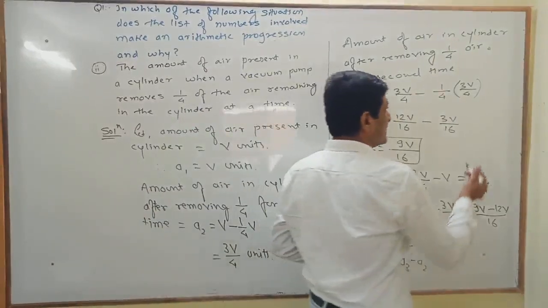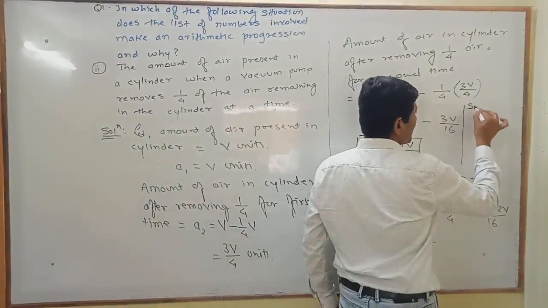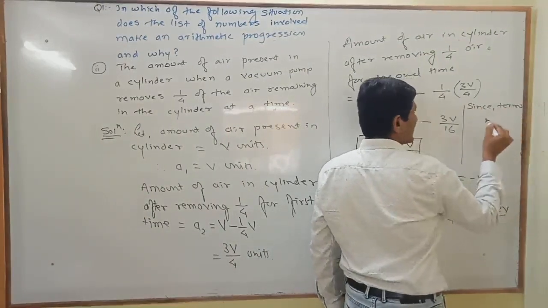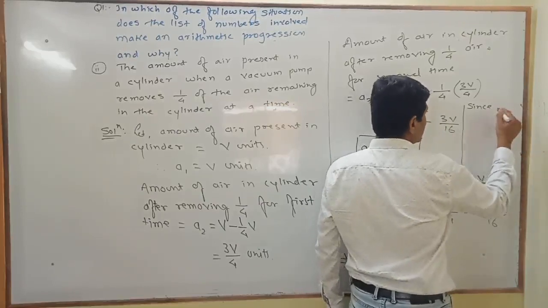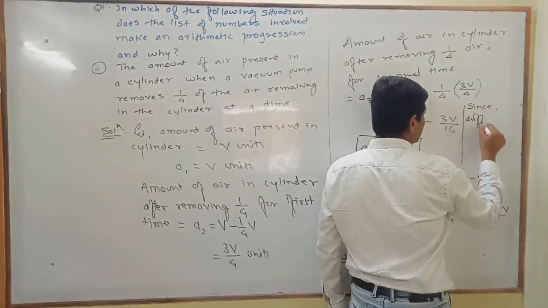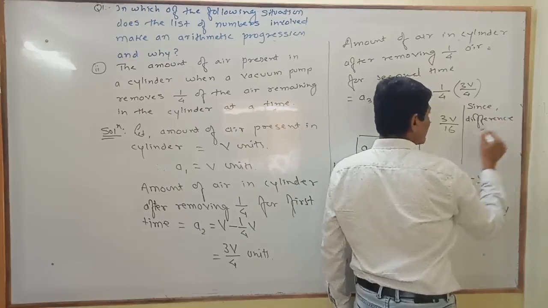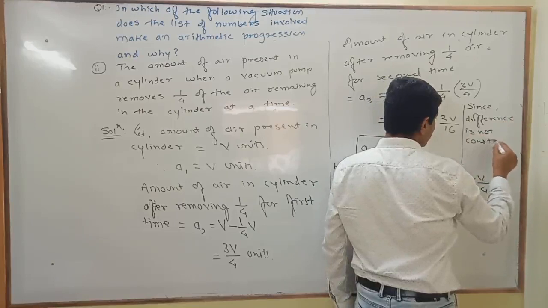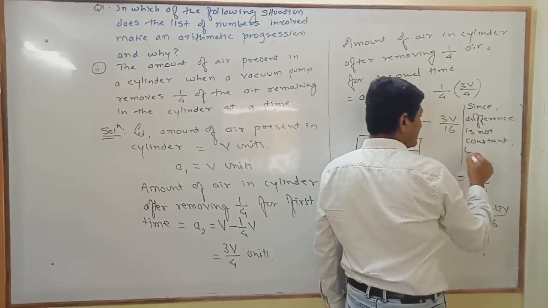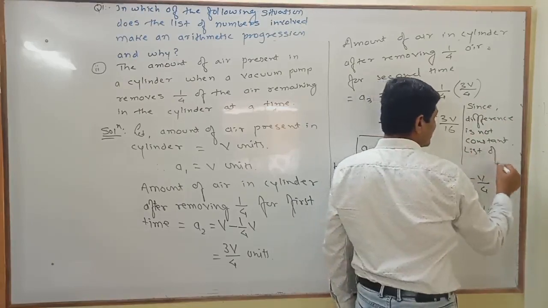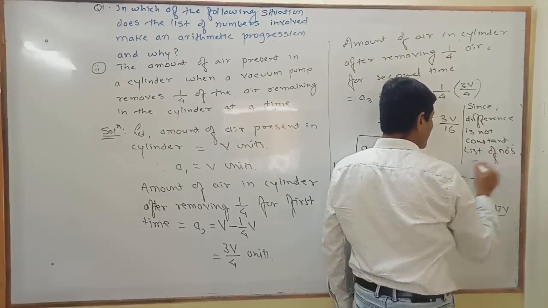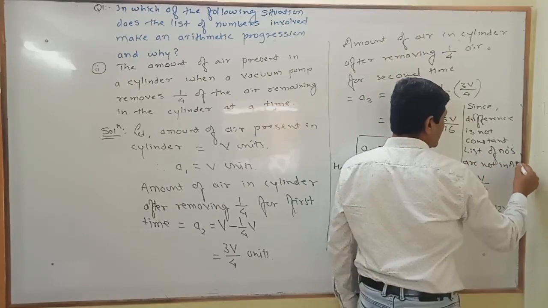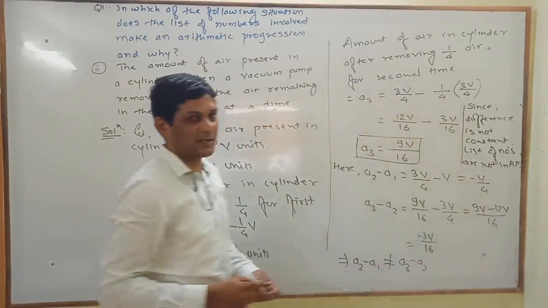So here give the reason that since the difference is not constant, the list of numbers is not in arithmetic progression.